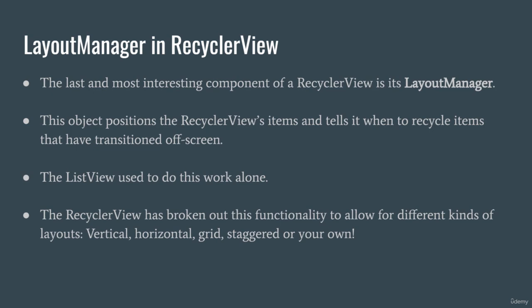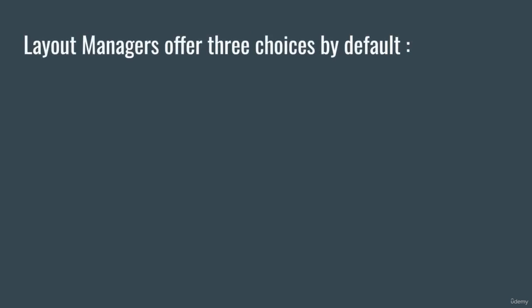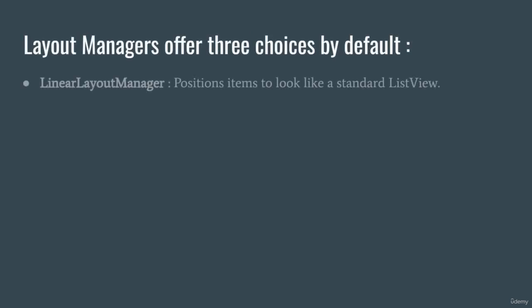So the recycler view has broken out this functionality to allow for different kinds of layouts: vertical, horizontal, grid, staggered, or very custom. That is the cool thing. You're not limited to grid or list views, but you can really go ahead and build your own layouts, and they're still going to be efficient because they will still be recycler views, right? So Layout Manager offers three choices by default.